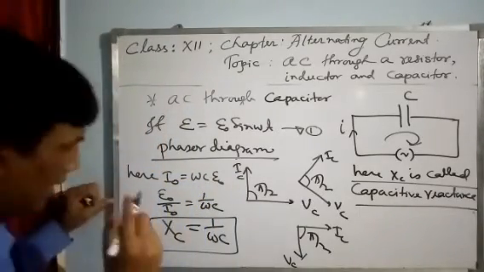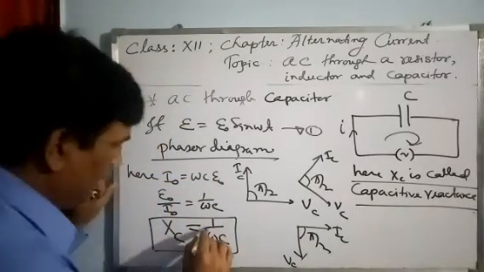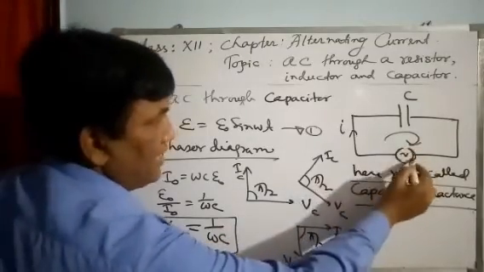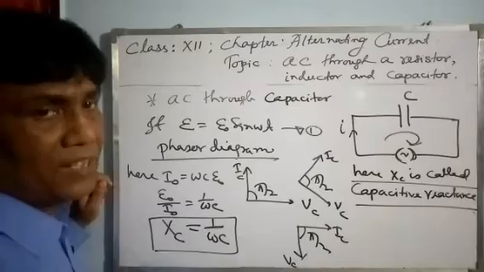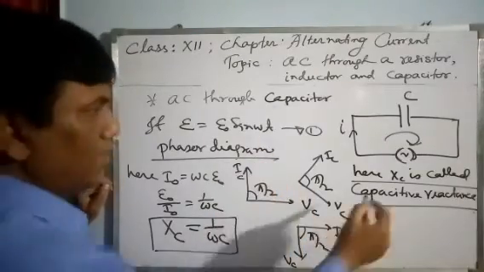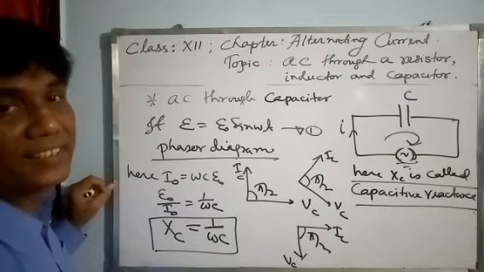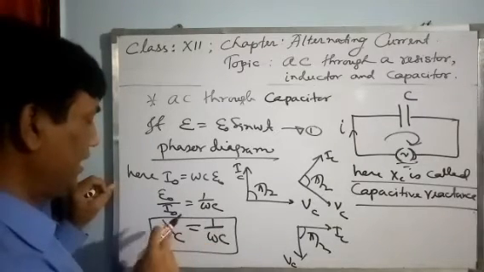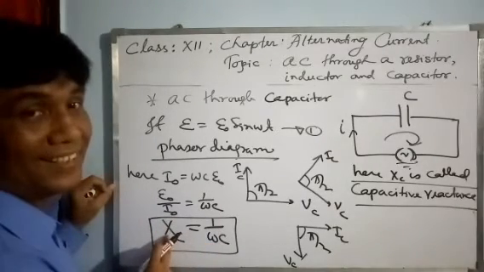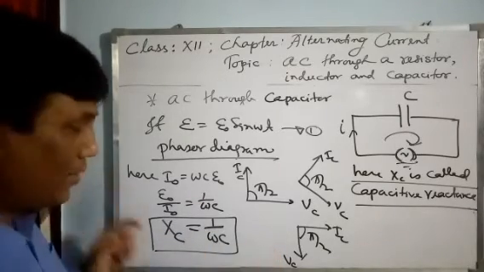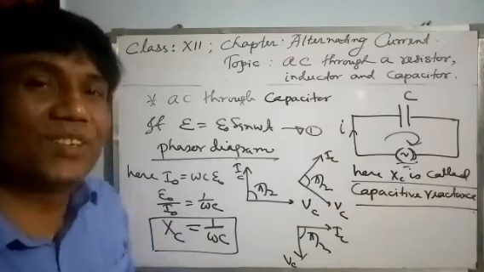Now you see an interesting thing. If omega is more, if the frequency of AC is more, say India's frequency is 50 Hz, but if we increase it, more frequency means less reactance. Less reactance means more current. Are you getting it? Which is exactly opposite to the inductor.